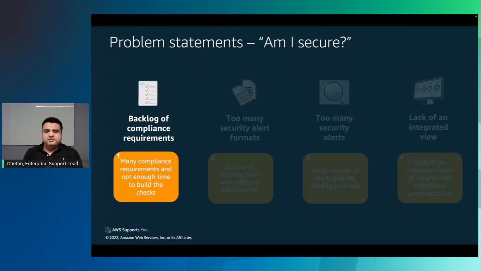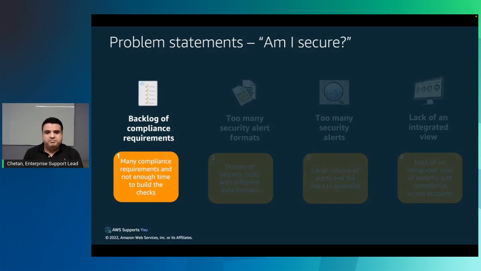Let's look at some of the common problem statements, right? So AWS provides you with many different tools and services. But today, you might be switching back and forth between these services to achieve the level of visibility you need in terms of your logs or security. So one of the common questions is, I have a backlog of compliance requirements.